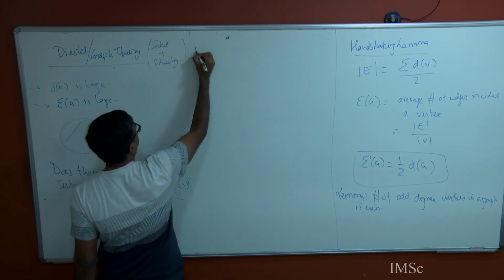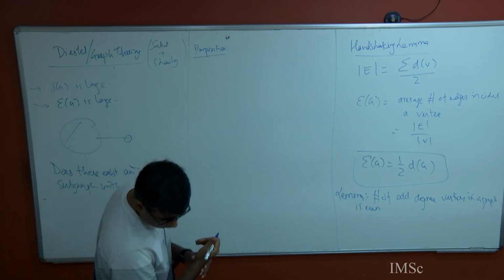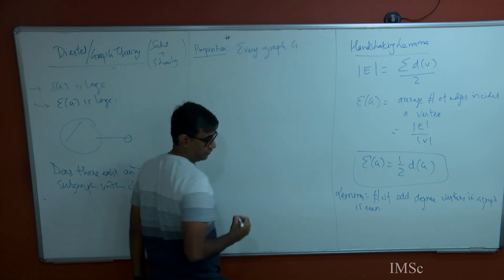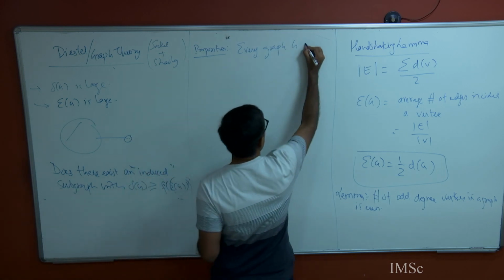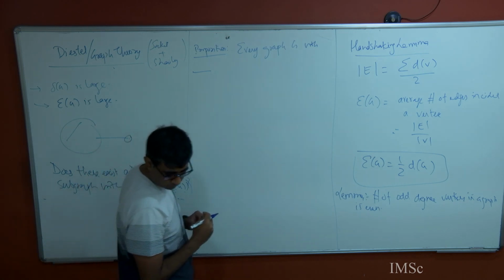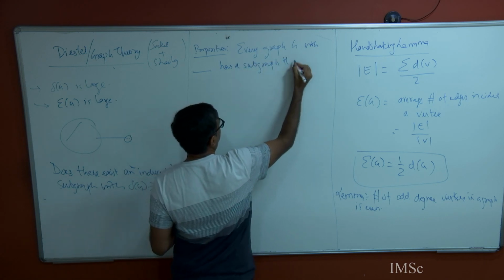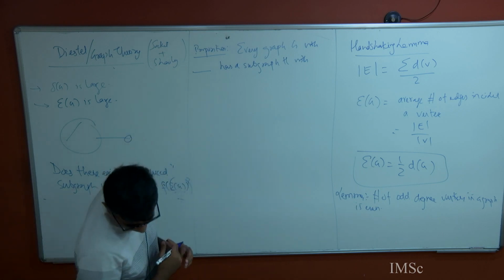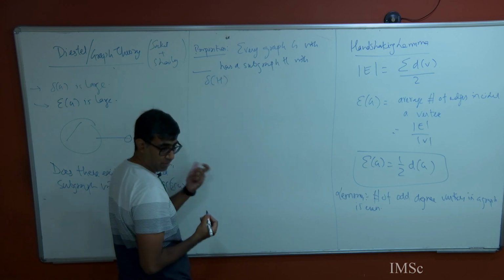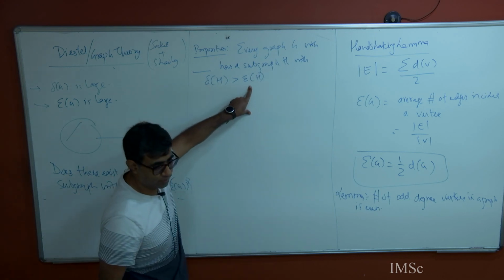So here is my proposition, lemma, theorem: every graph G with some condition has a subgraph H with delta H, the minimum degree of H, greater than the average degree.